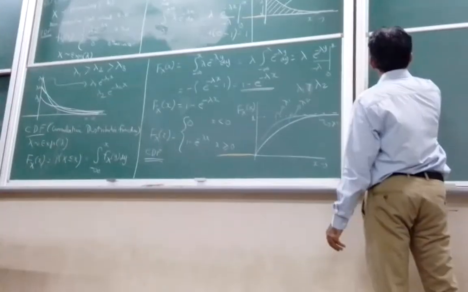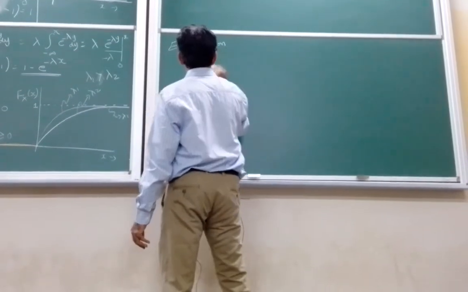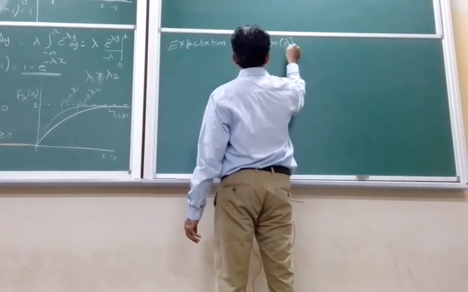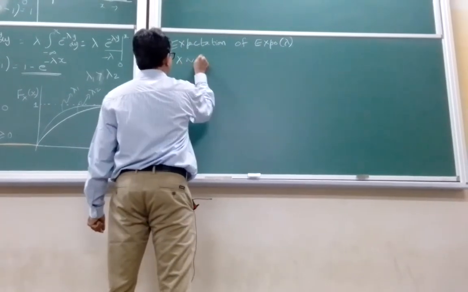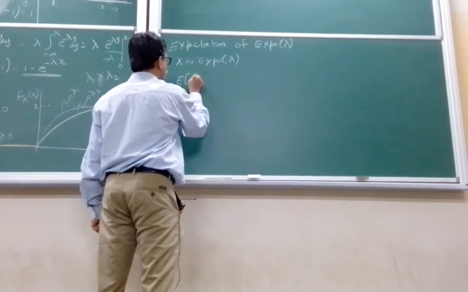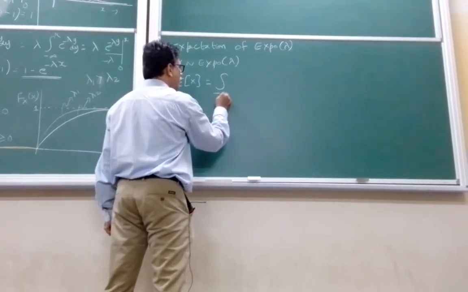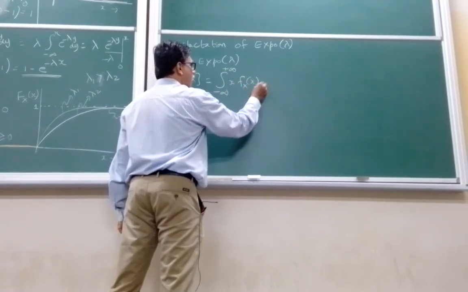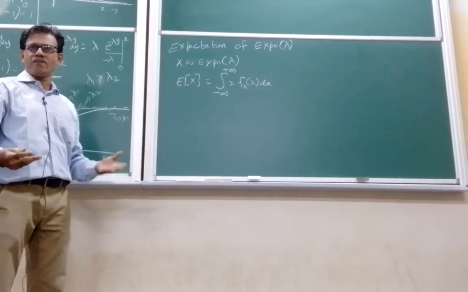Then comes the expectation, E of x. Again for a continuous random variable, start from the standard formula, then plug in the corresponding density function and evaluate.